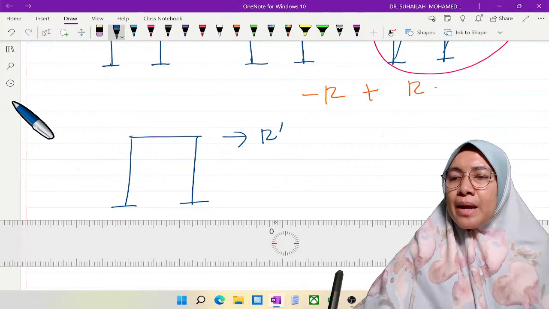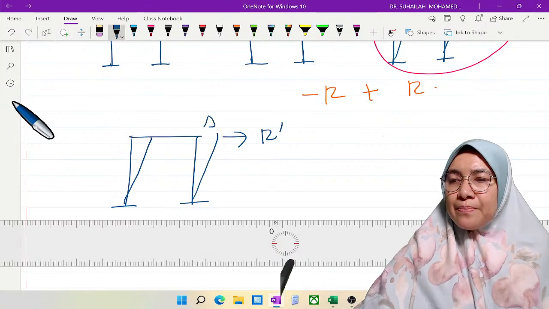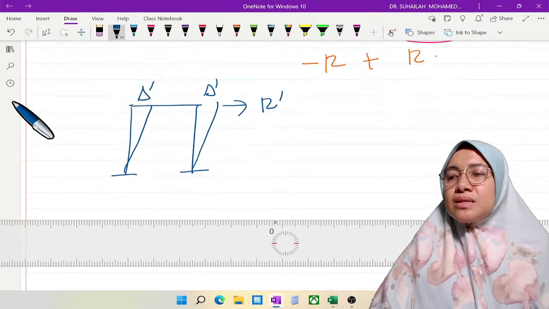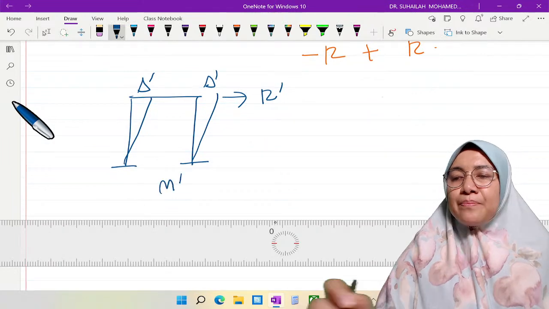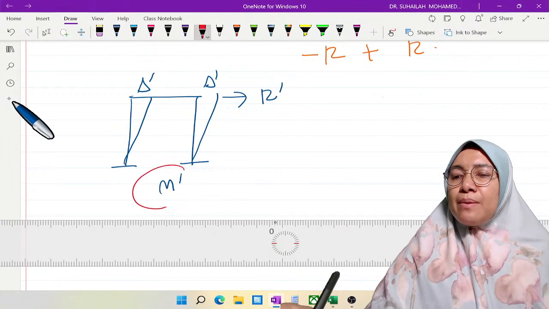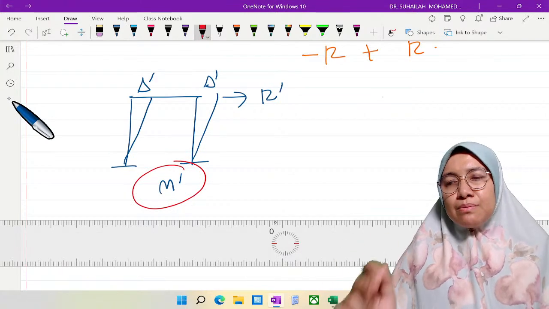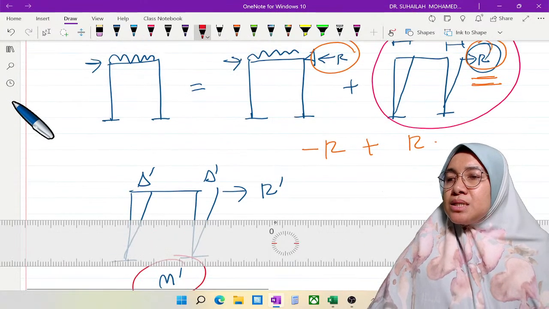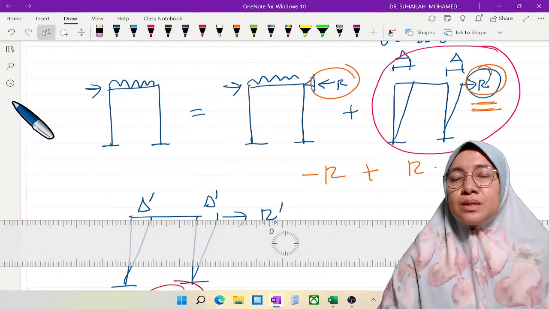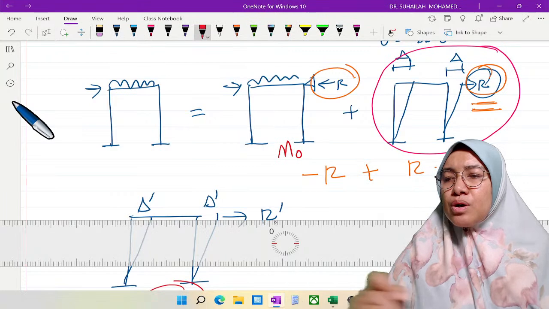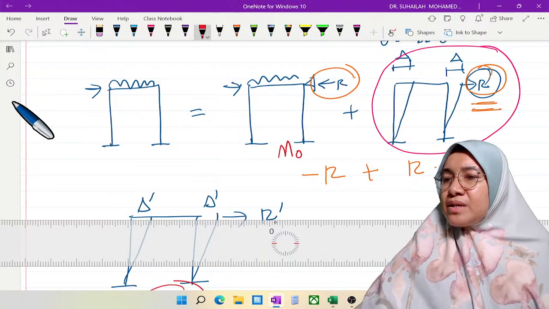So due to R prime, there will be delta prime, and due to delta prime, there will be M prime. This is the end moment that we are going to determine in table number 2. The one that we have analyzed is M naught, and we have another M here.